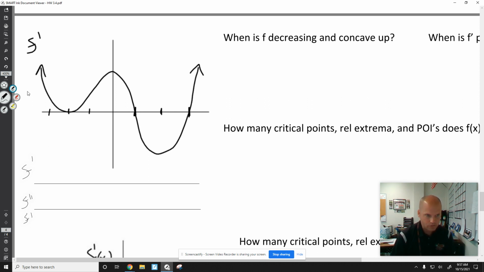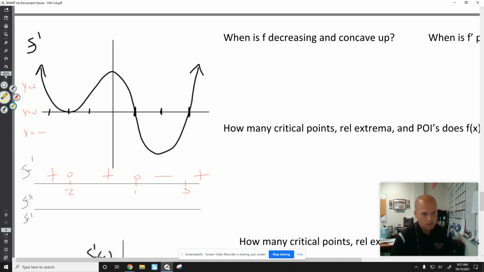Start with the y values. Y's are positive. Y's are 0. Y's are negative. F prime's y values are positive until negative 2, where they're 0. But then they go back to being positive all the way until 1. Then they go to negative until 3, and then they're back to being positive.